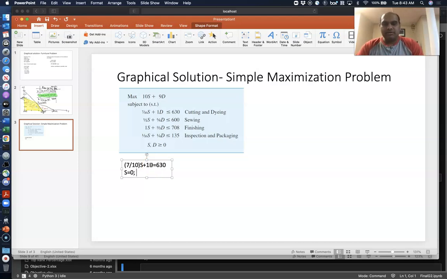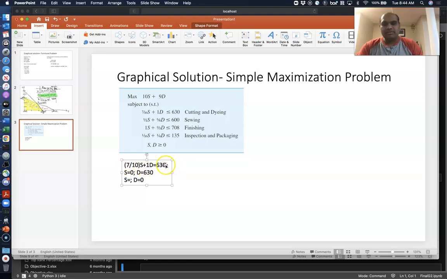So you plug in s is equal to 0, you're going to get d is equal to 630, right? And when you plug in d is equal to 0, we get s is equal to, so if I plug in d is equal to 0, I get 7/10 times s is 630. And I can solve that.